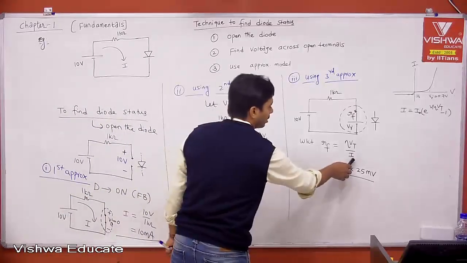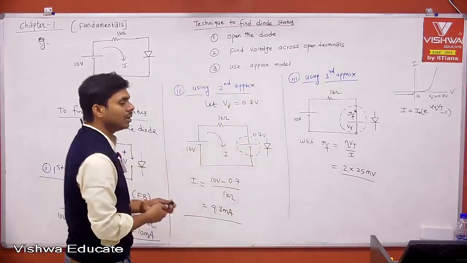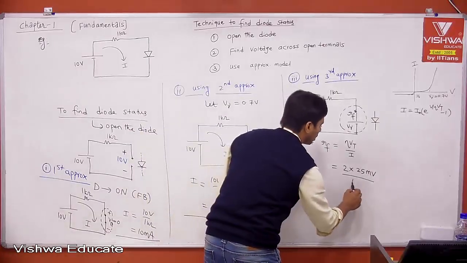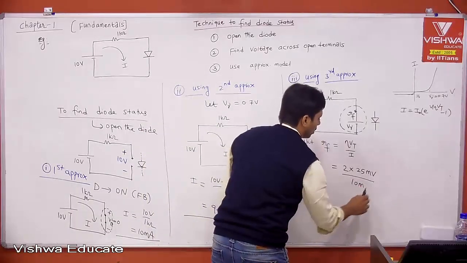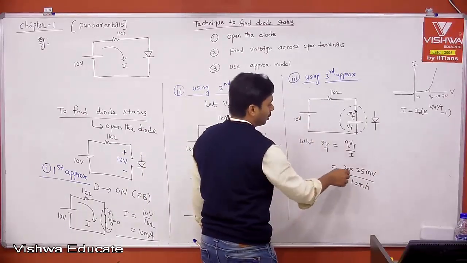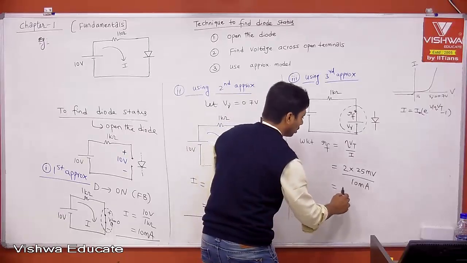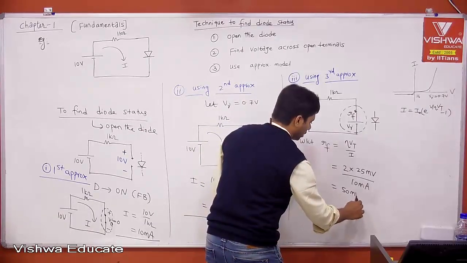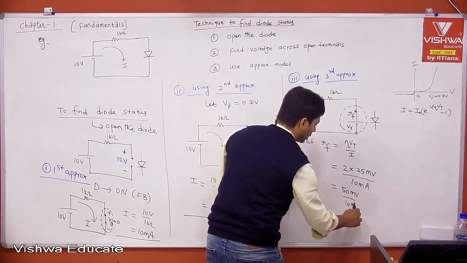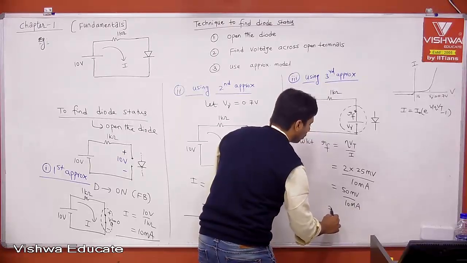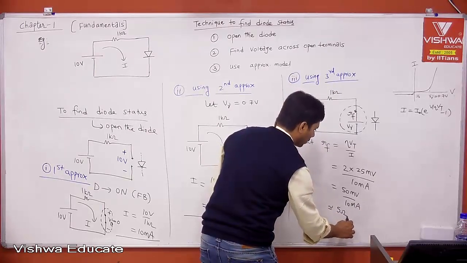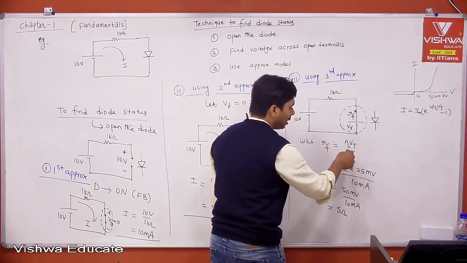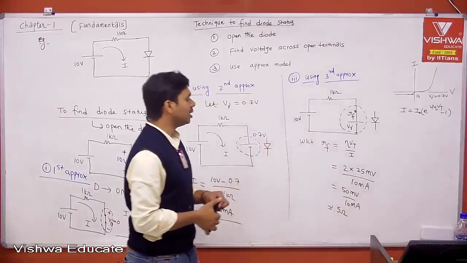That is the current flowing through it, 10 milliampere. Then 2 into 25 is 50 millivolt, divided by 10 milliampere, so the resistance is close to 5 ohm. We took an approximation: I is 10 milliampere, but it may not be exactly.